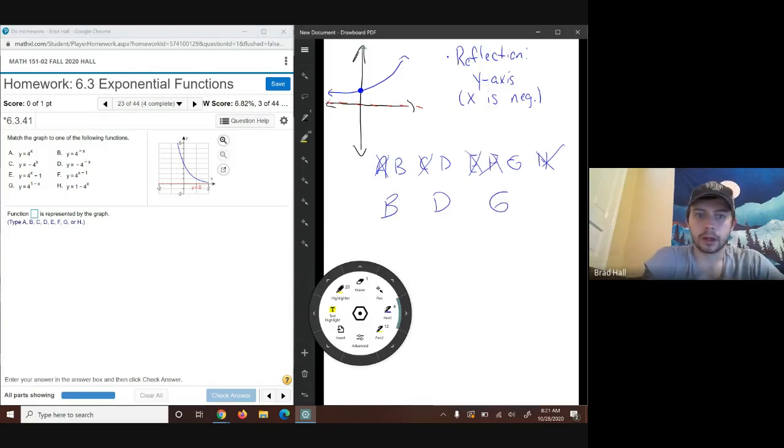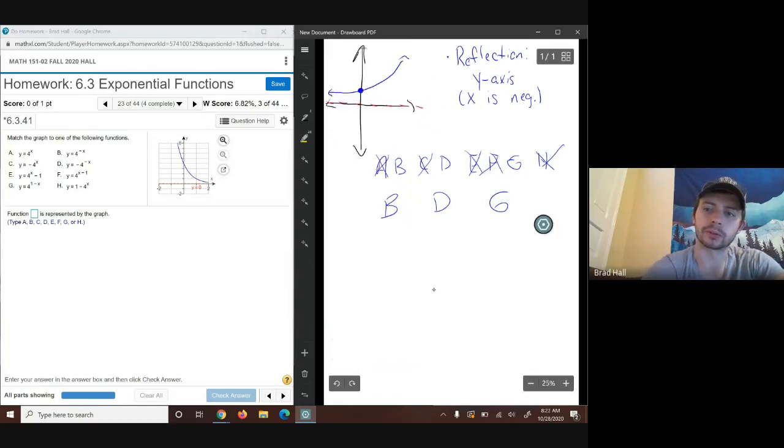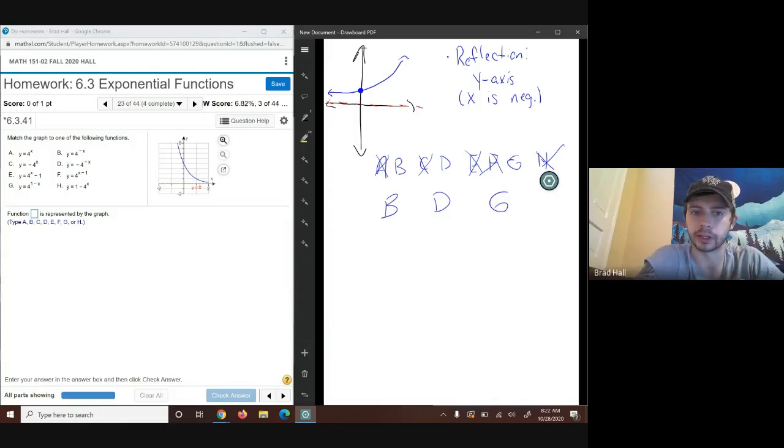Okay. So we can try to determine characteristics about these 3 individually, or we can use test points to see which one of these it has to be. B only has a reflection about the x-axis, no other transformations. D has a reflection about the x and the y-axis.